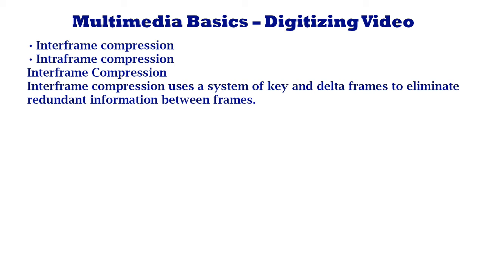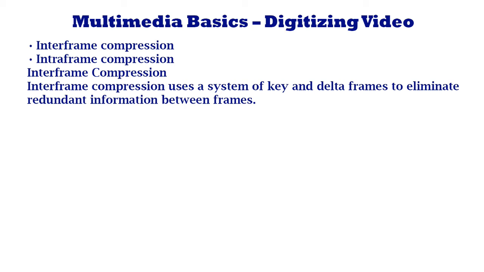Interframe compression uses a system of key and delta frames to eliminate redundant information between frames. Key frames store an entire frame, and delta frames record only changes. Some implementations compress the keyframes and others don't.